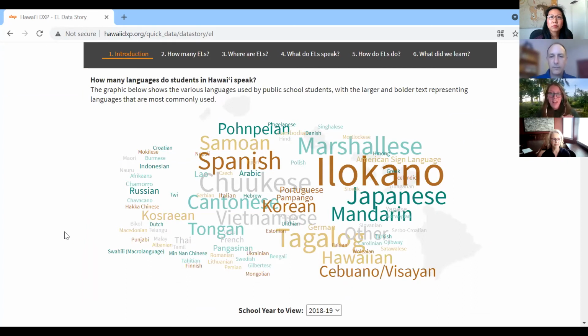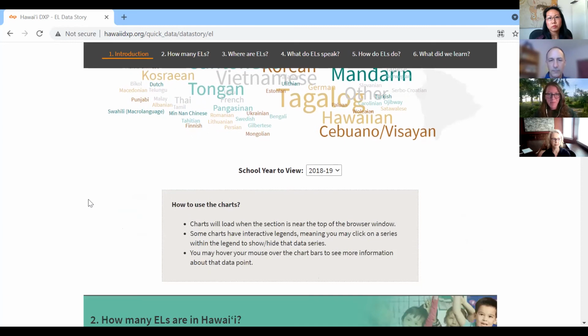And you can see there is a broad range. I'm sure many of your states have a similar variety of languages, but you can see that we have Ilocano, Chuukese, Tagalog, Spanish, Marshallese, all of which have different representations. And here's where we get further information.